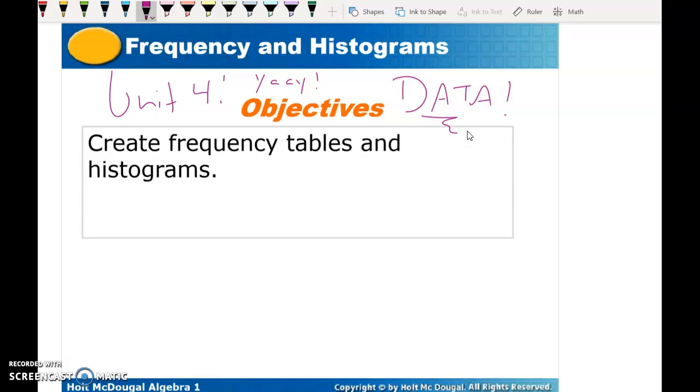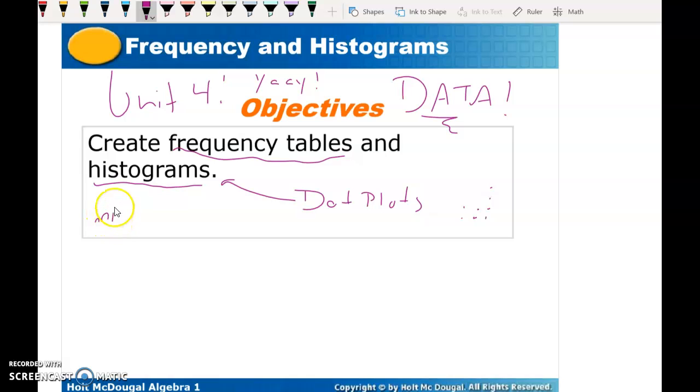All right, so today our focus is we're going to create frequency tables and histograms. We're also going to look at dot plots, which is kind of like a histogram, but with dots instead of bars.